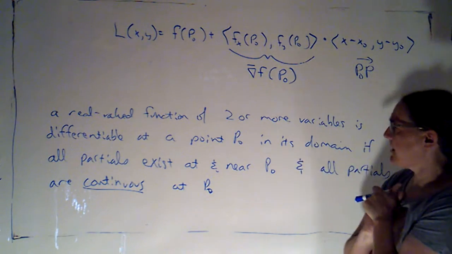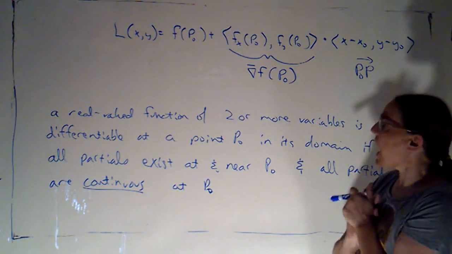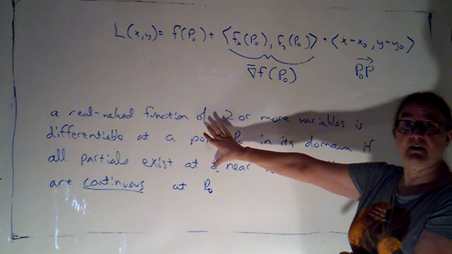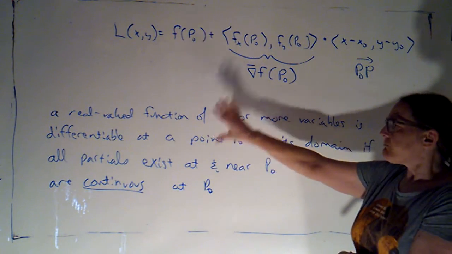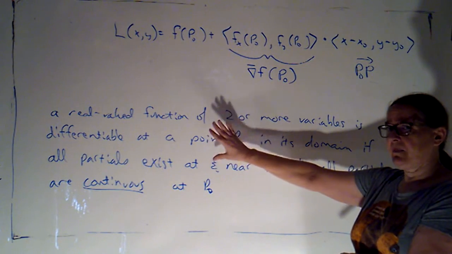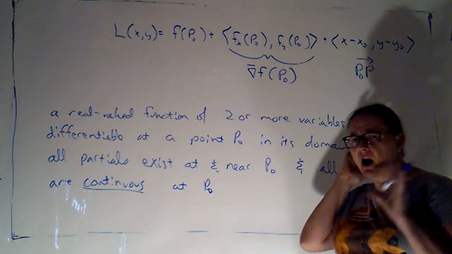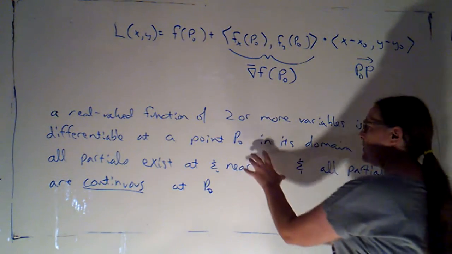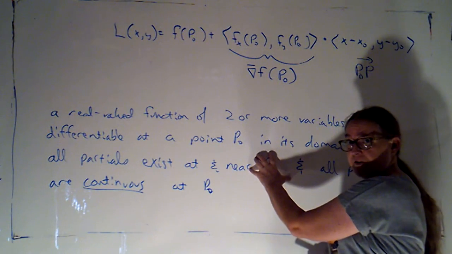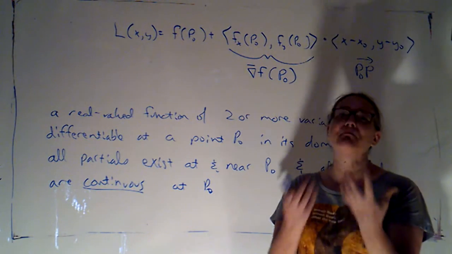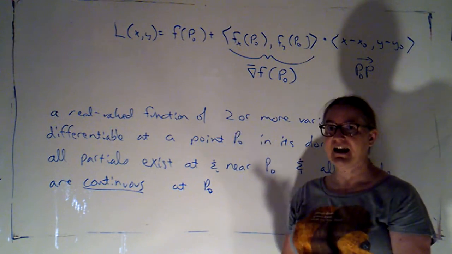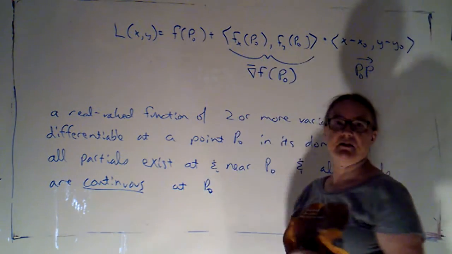I'm actually not 100% sure. I know that anything that meets this criterion is differentiable. It may very well be that there are functions that are differentiable that don't satisfy this definition. I'm honestly not sure. I don't know if this is equivalent to the definition or just a criterion that many differentiable functions satisfy, and that if it's satisfied, we know it's differentiable.